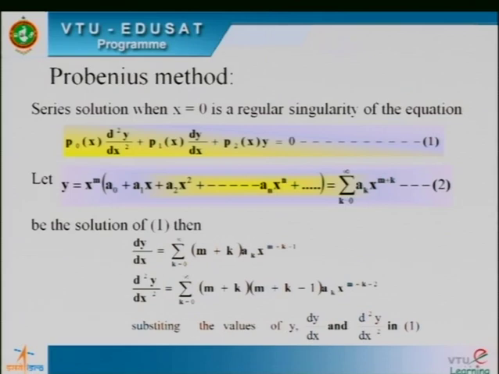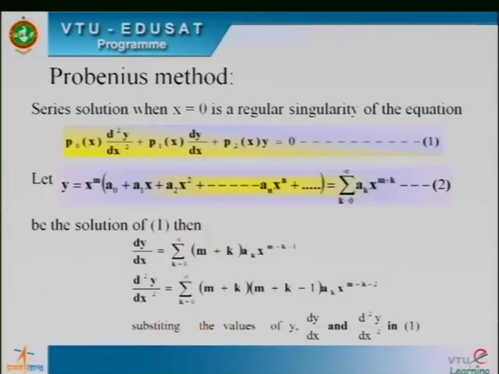As we know, the coefficients of dy by dx or d square y upon dx square are all variable or polynomials. So when x is equal to 0 is an ordinary point, or when x is equal to 0 is a regular singular point, we assume the solution in the form of a series.